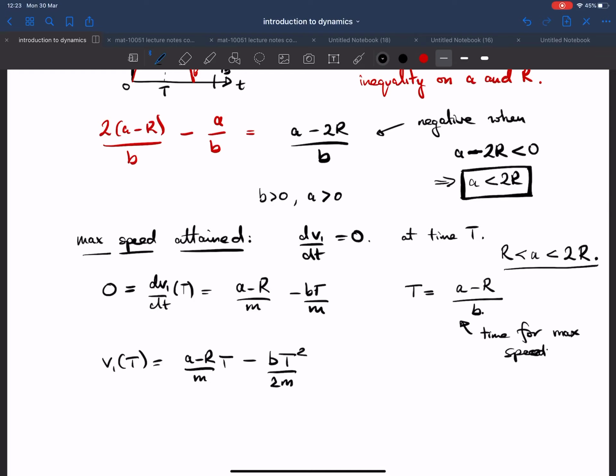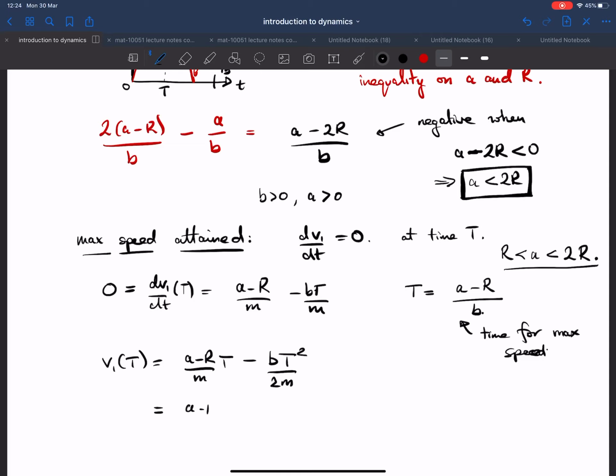So T equals A minus R over b, and I'm going to substitute this into this expression. I'm just checking the expression I've entered so that I don't have a problem with this.